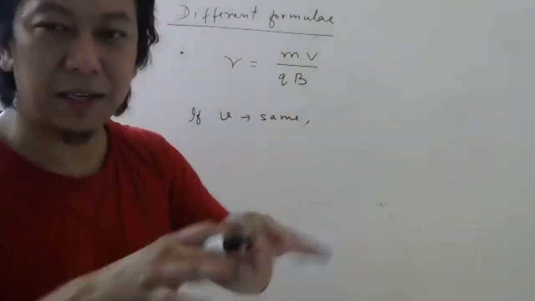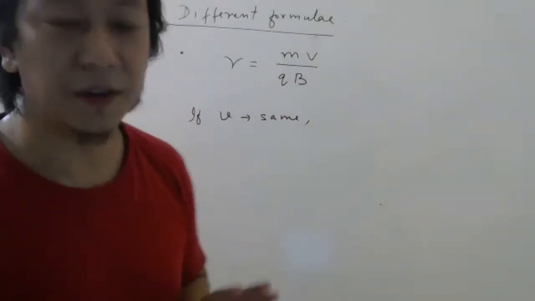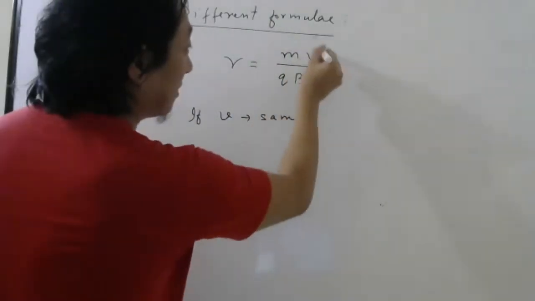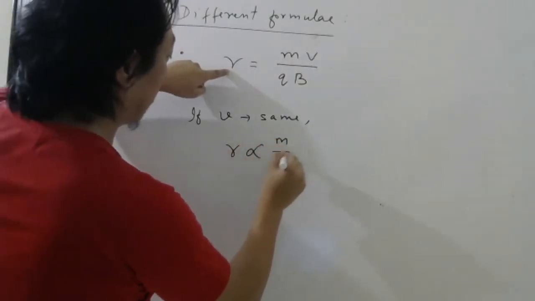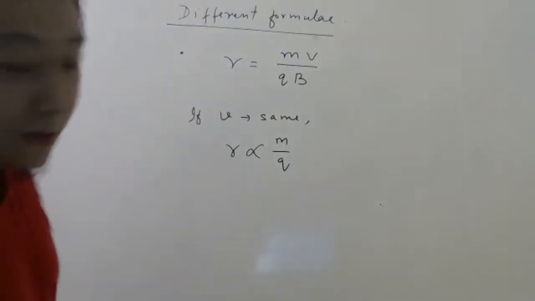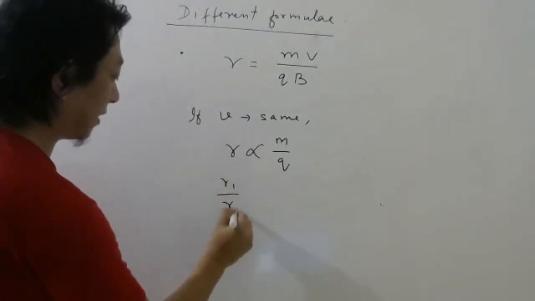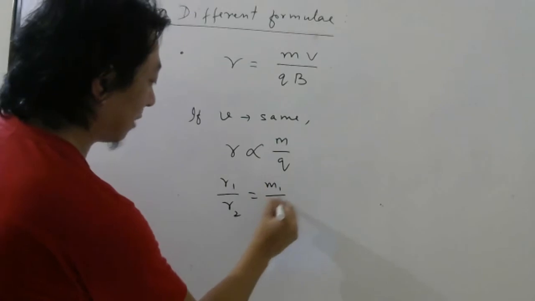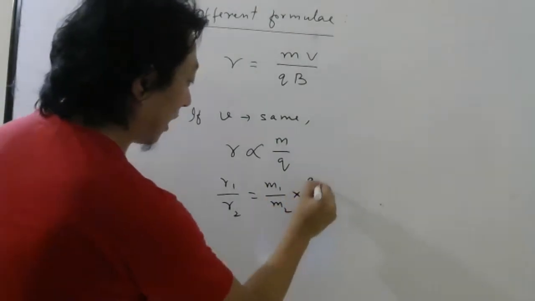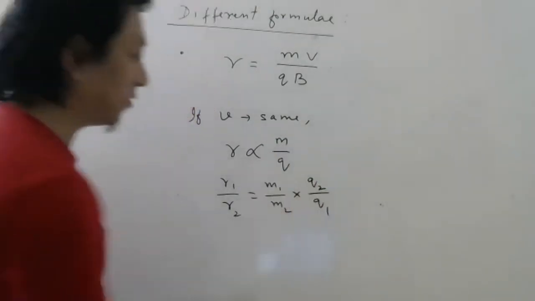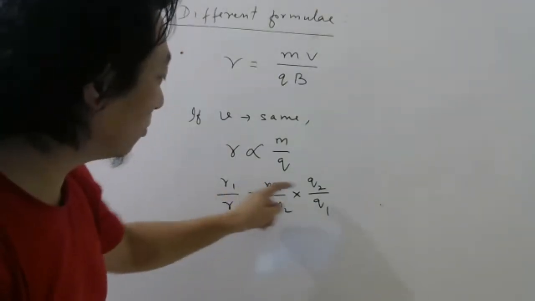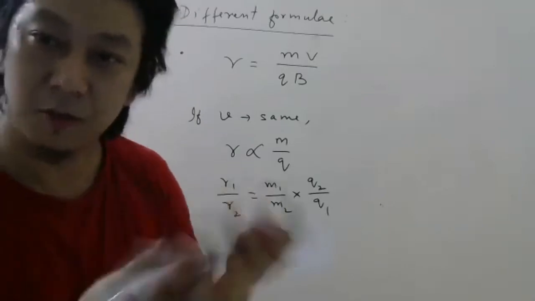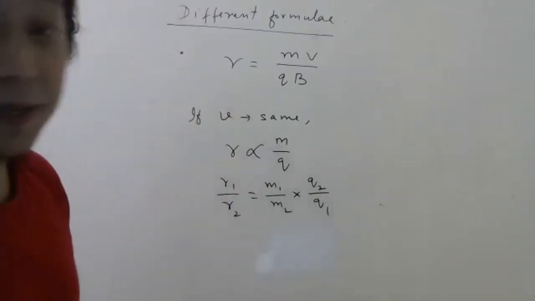Don't worry. In the same magnetic field, all the particles will be moving. So if v is the same, it is very clear radius is proportional to m by q. That means the radius of the first one by the second one will be the mass of the first one by the mass of the second one, the charge of the second one by the charge of the first one. Then you see which are the particles, put the mass, put the charge, cancel the common, you will get the answer. This is if speed is the same.